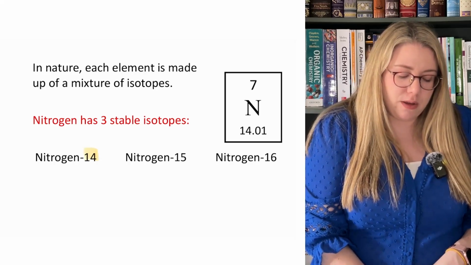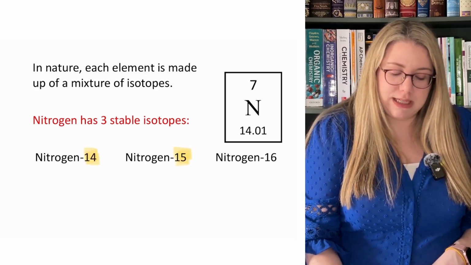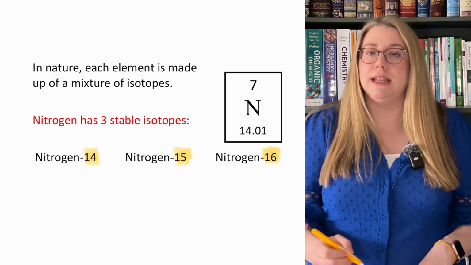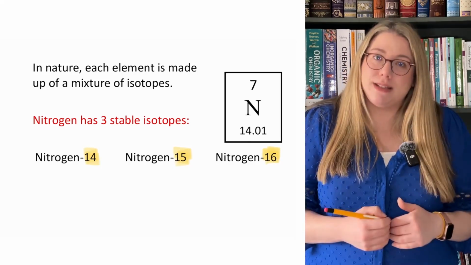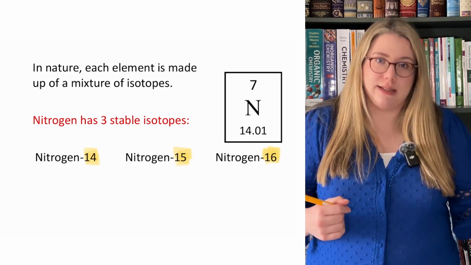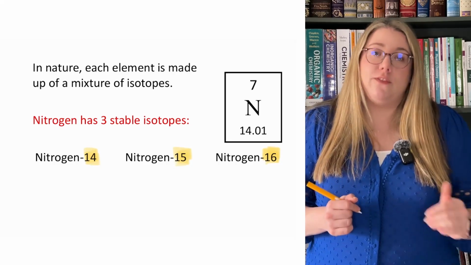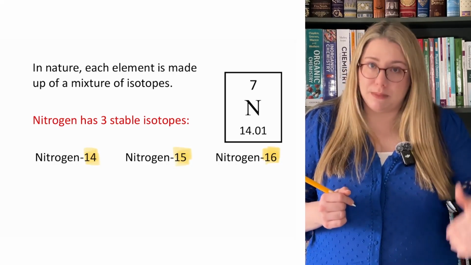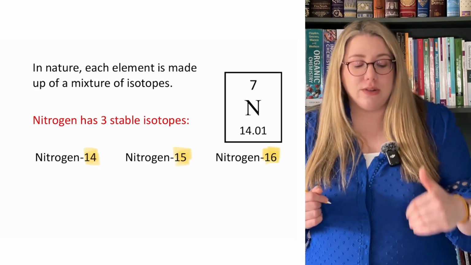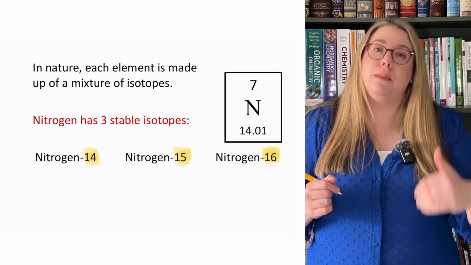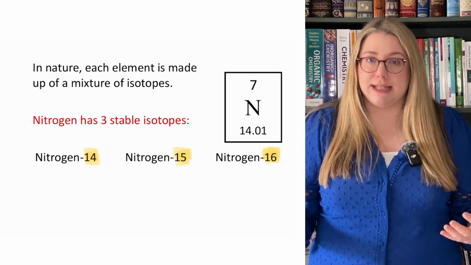But the number that comes after the name, 14, 15, and 16, they are the mass numbers of the specific isotopes. So for nitrogen-14, the isotope has a mass of 14. For nitrogen-15, the mass of the isotope is 15, etc.